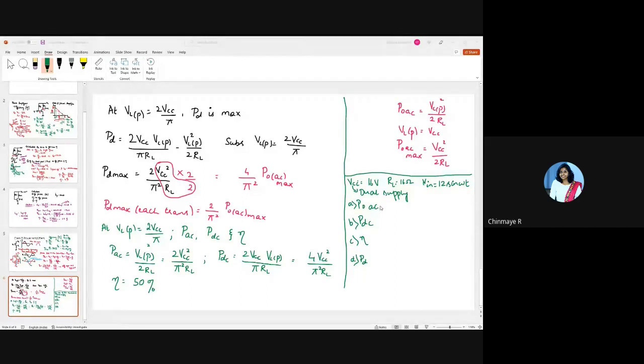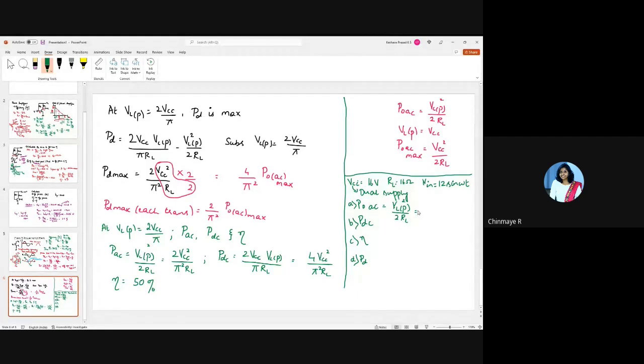Okay. Now, what is P naught AC? How will you calculate? VL of P square divided by 2RL.